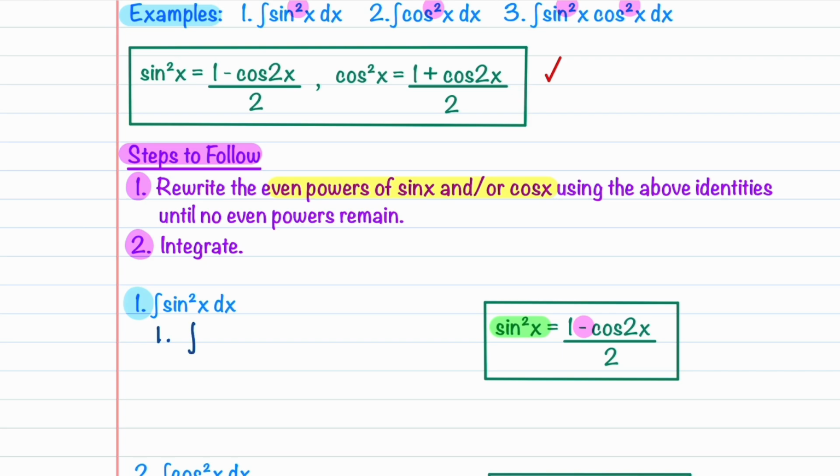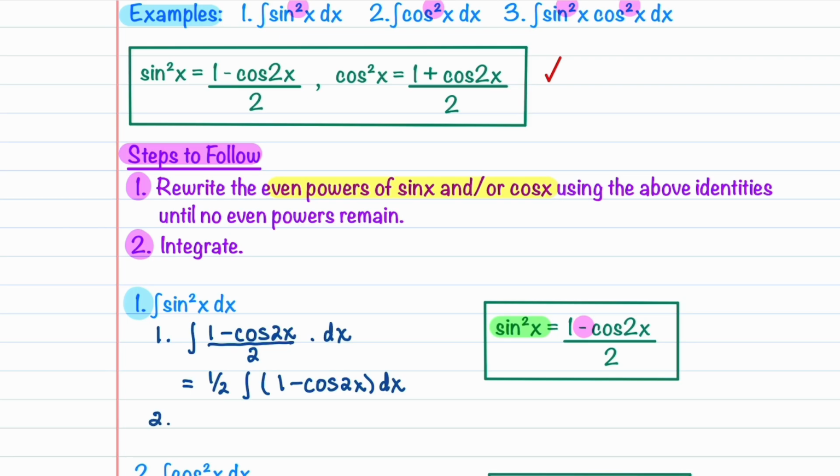This gives us the integral of (1 minus cosine 2x) all divided by 2 times dx. I'm going to bring that 1/2 out in front just to make it easier. So in our integrand, we have 1 minus cosine 2x dx.